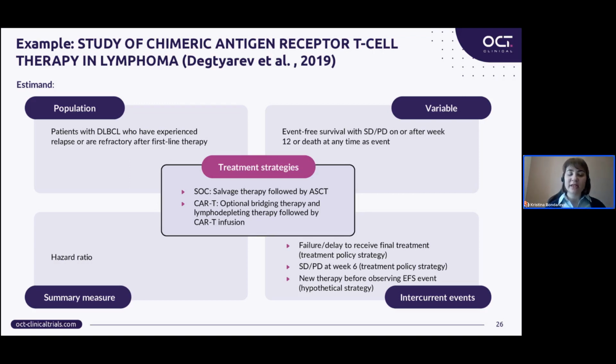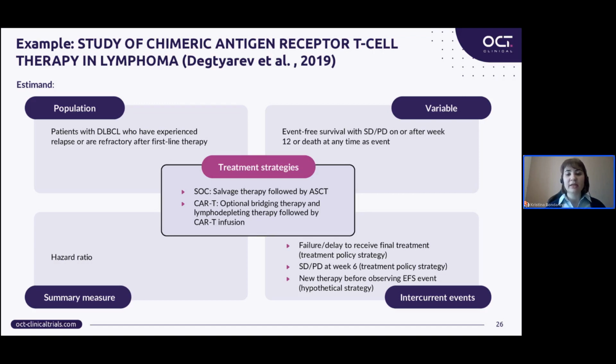What is the relative clinical benefit across the entire patient journey once a CAR T or standard of care treatment strategies are prescribed? Therefore, it seems of interest to compare the entire treatment strategies instead.